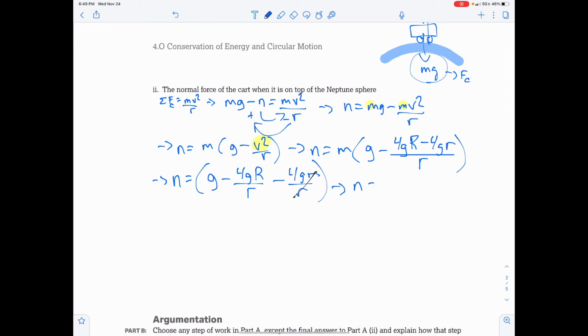So far we've got normal force equals the quantity of g minus 4g big R over little r minus 4g. And actually, I need to go back and change something, because since we substituted for this, that would be a quantity there, and if you distribute the negative through, that would be a plus, which means that would be a plus.